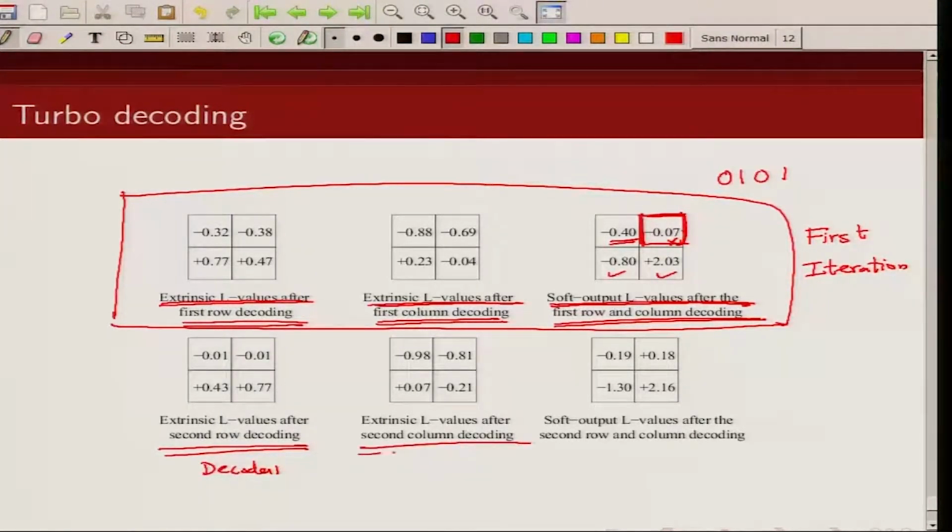This is the extrinsic information after I have done decoder 2, and this is the APP L value after decoder 2. Note here, this was 0, this is 1, this is 0, this is 1. So, after 2 iterations I am able to correct the transmission error.